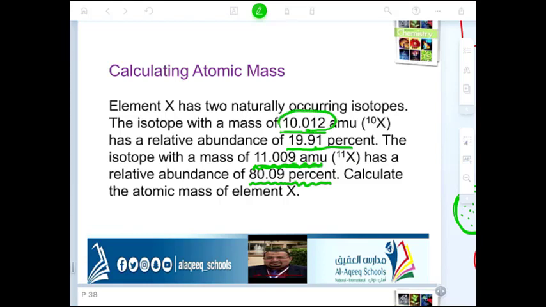Multiply this times this after changing the percent into numbers, and multiply this by this after changing the percent into numbers, then add both of them. You will get the atomic mass, and it must be very close to the most abundant one, which is 11, not 10. Why? Because 11 has about 80%. Look at the answer and you will see the result must be close to 11, not 10.